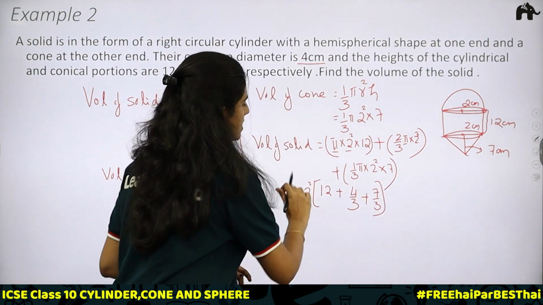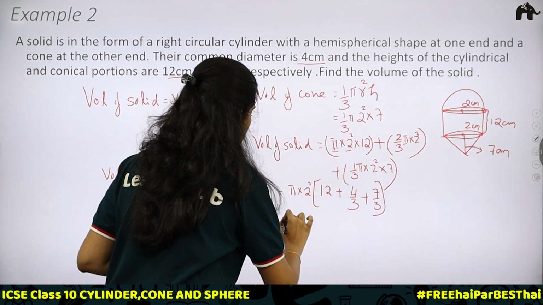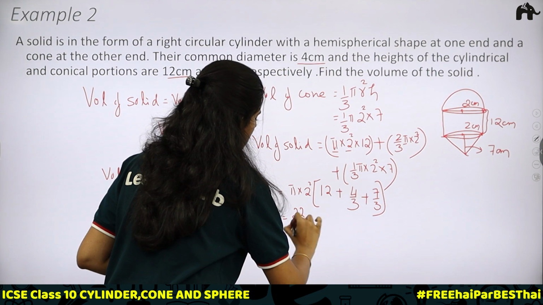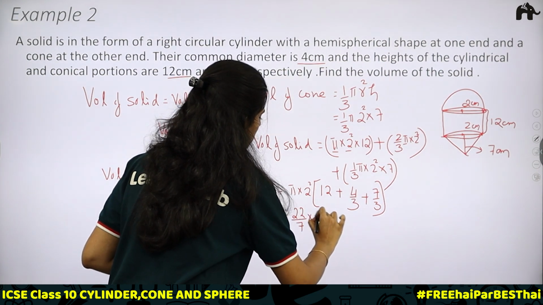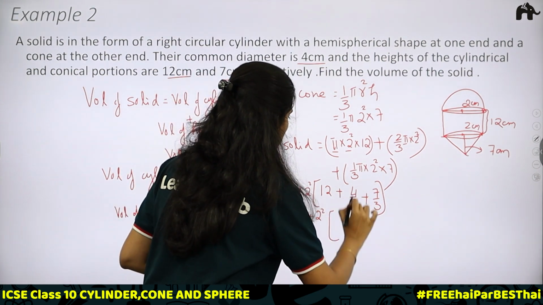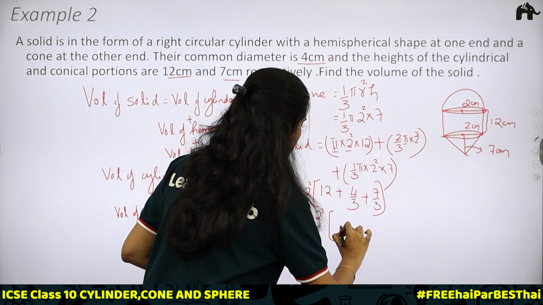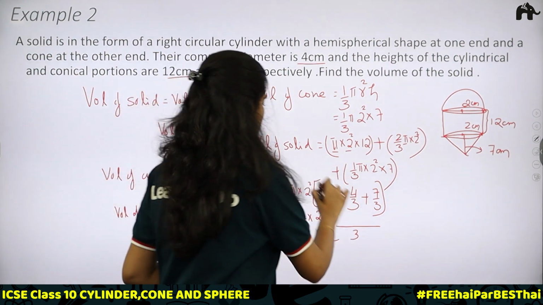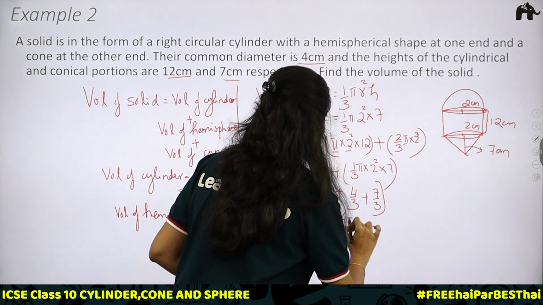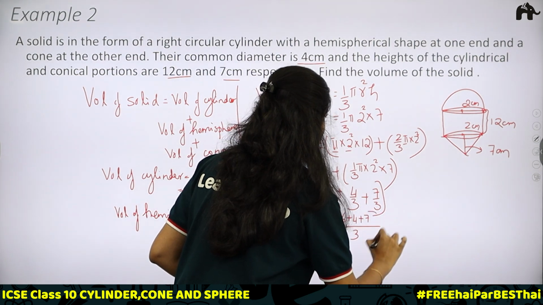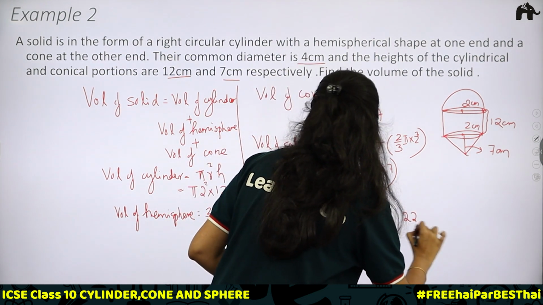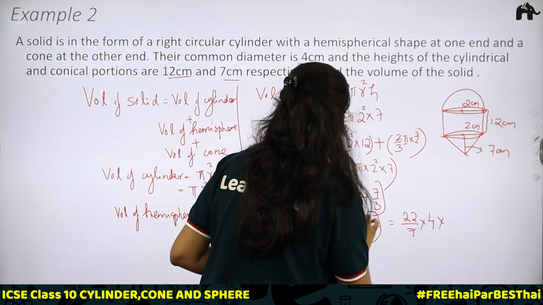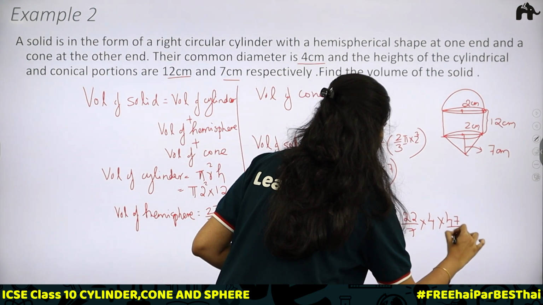Okay. Now it is easy to calculate. Put the pi value. 22 divided by 7 into 2 square into 3 is common, taking 3 out. So 3 is the LCM. 12 into 3, 36 plus 4 plus 7, which is equal to 22 divided by 7 into 2 square 4 into 47 divided by 3.